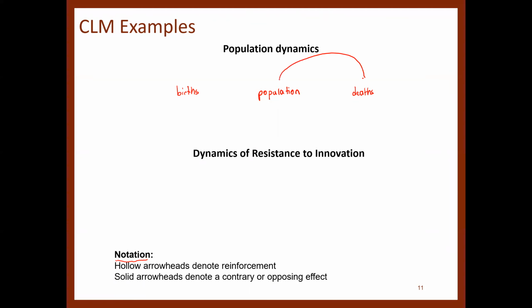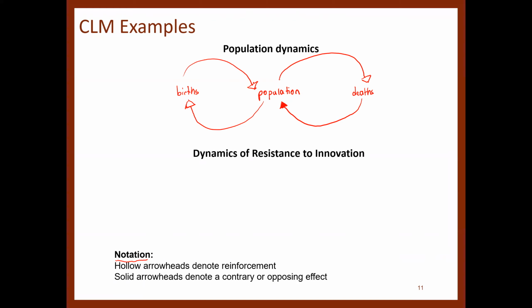When we look at the other side, with more population we expect more people and more births. So that's a reinforcement. And with more births, we have an increase in the population. So this is the causal model for the population, including birth and death.